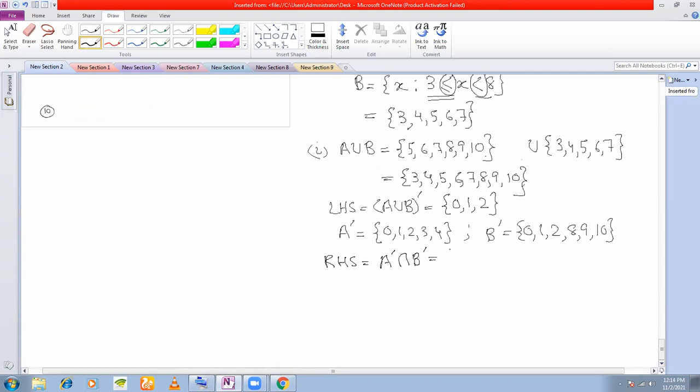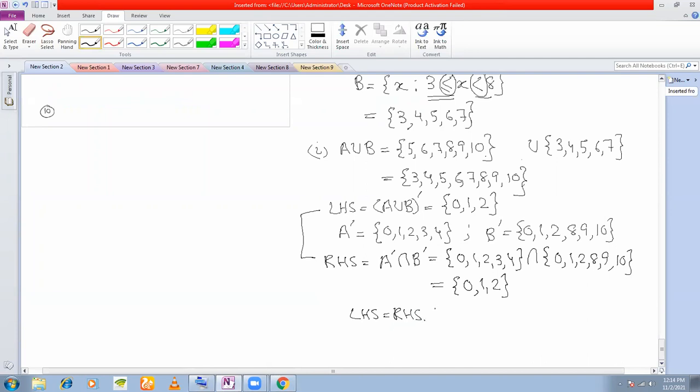So it is the intersection of these two sets, 0, 1, 2, 3, 4 with 0, 1, 2, 8, 9, 10. If you take the intersection of these two sets, you see that the only common elements are 0, 1, and 2, right? So what you see is the left hand side and right hand side are equal. LHS is equal to RHS, hence verified.